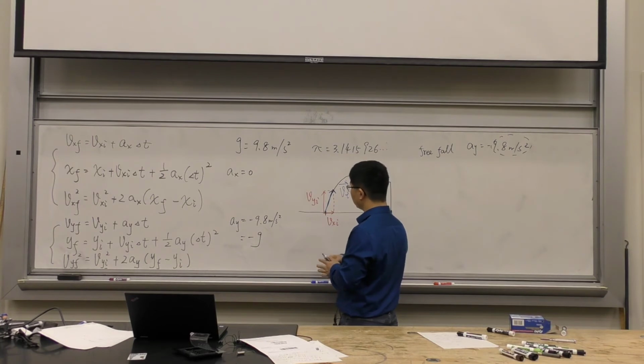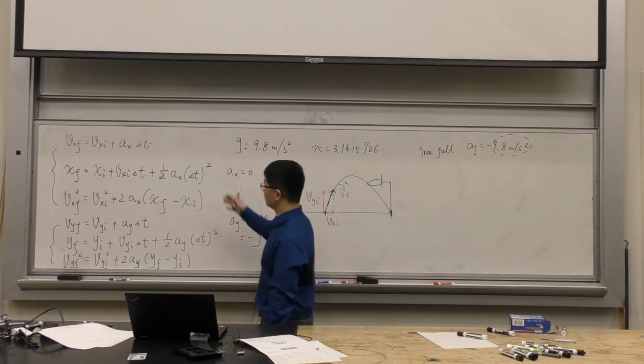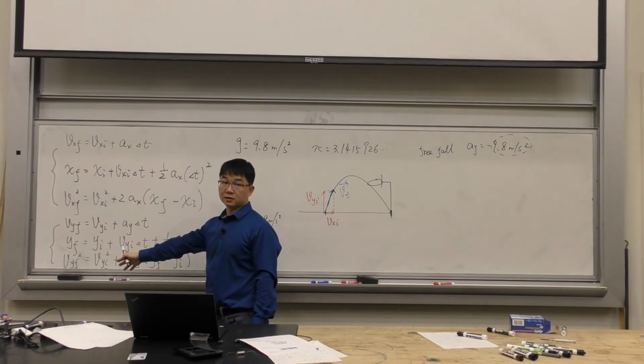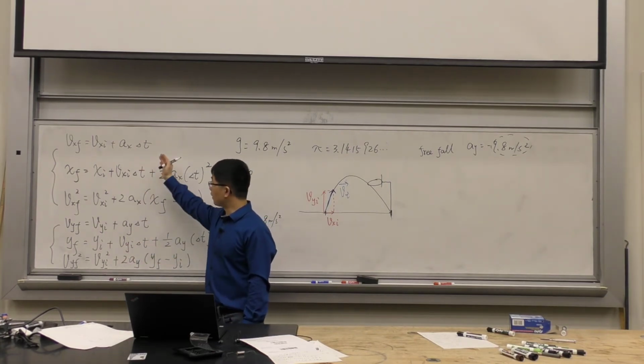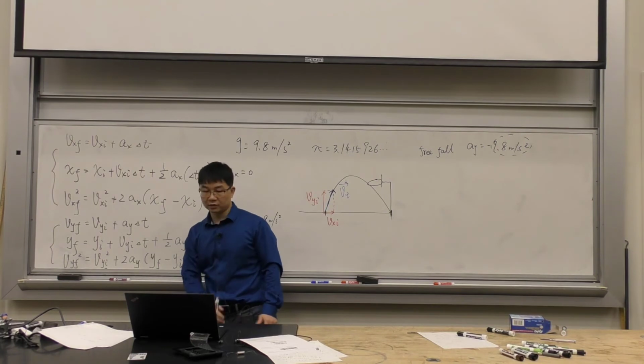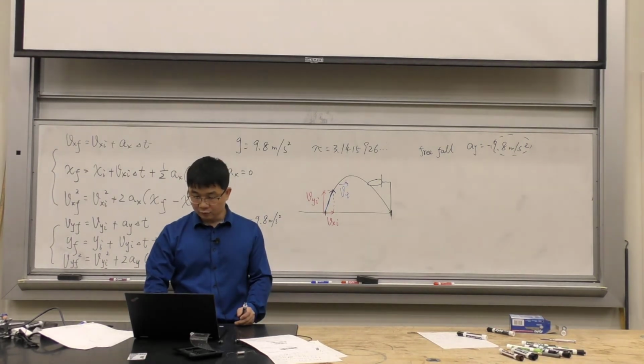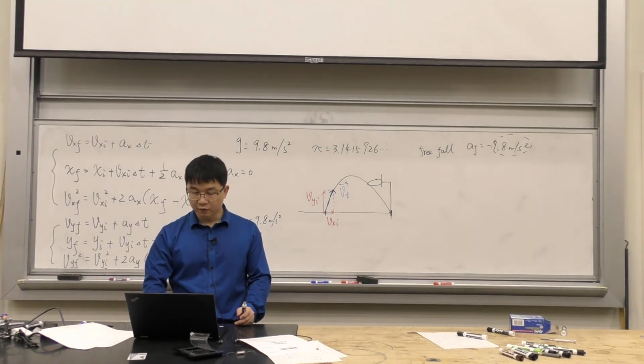And how do I find the components? That's when you use these equations. I do have Vxi and Vyi in these equations, so I can find Vxi in the x direction and Vyi in the y direction. The first part: find the x component of his takeoff velocity.